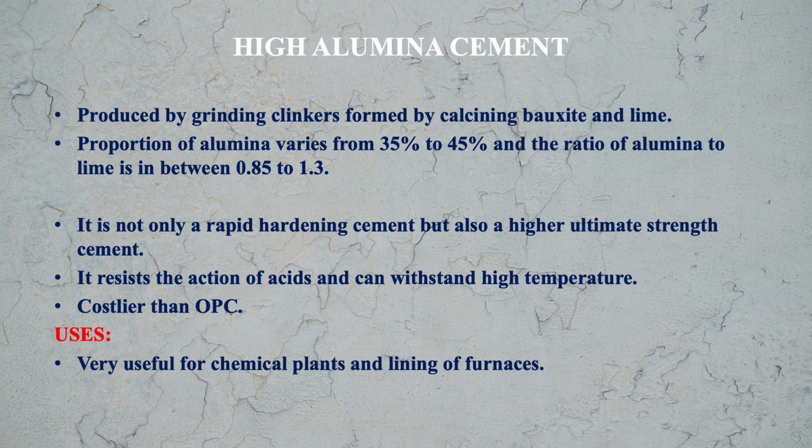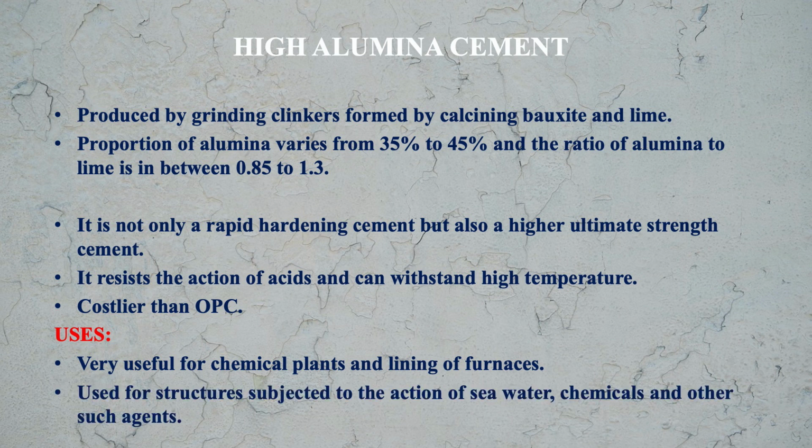High alumina cement is also used for structures subjected to the action of seawater, chemicals and other such agents. Because seawater, as you know, has a lot of chemicals, this cement can work well there.